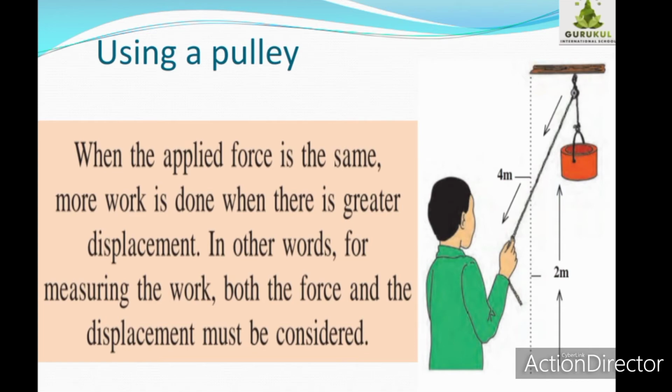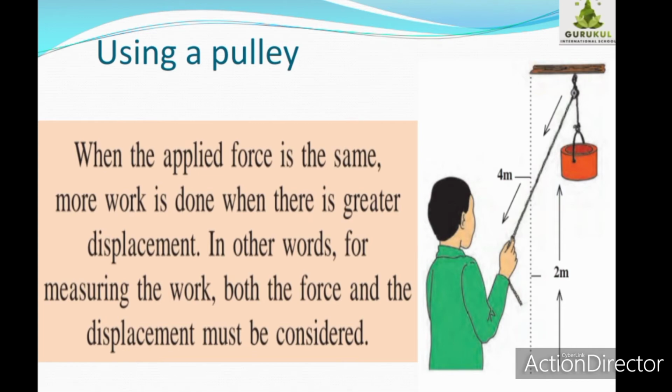Now what will you experience here? When is more work done? Obviously, when you are lifting the load up to 4 meters, more work is done. So what we can understand from this is that when the applied force is the same, more work is done when there is a greater displacement. As the load is the same, 2 kilograms, the force which we are applying to lift it is the same.